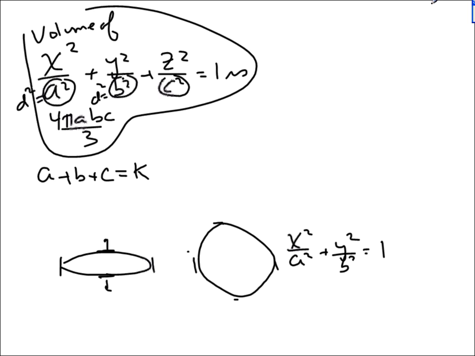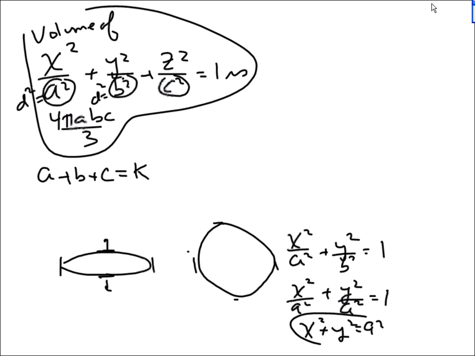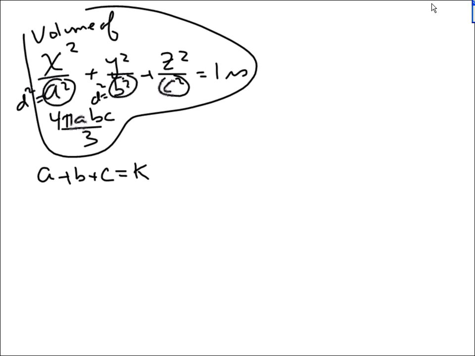Well, if a squared and b squared are the same, call it a squared, then you have a circle. Multiplying everything by a squared, you get a circle of radius a. A circle is an ellipse. A sphere is an ellipsoid. It's a special one. It's where a, b, and c are equal.